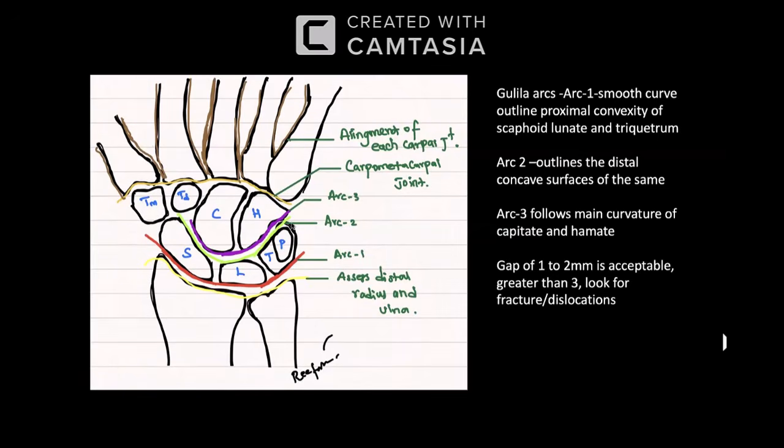That is arc 1. Arc 2 is the distal concave surface of the scaphoid, lunate and the triquetrum, the green one. The purple one is the arc 3, where it follows the main curvature of the hamate and capitate bone. And these are the other arcs I call.